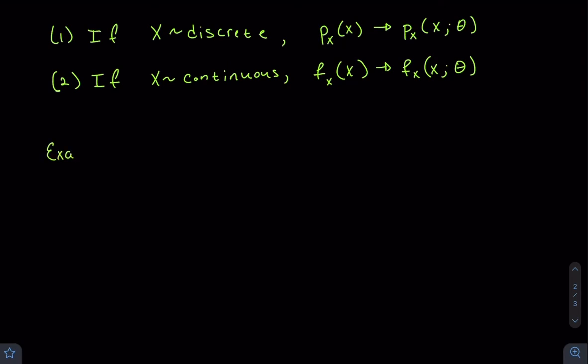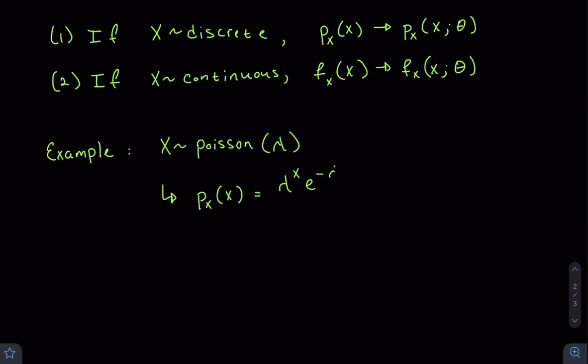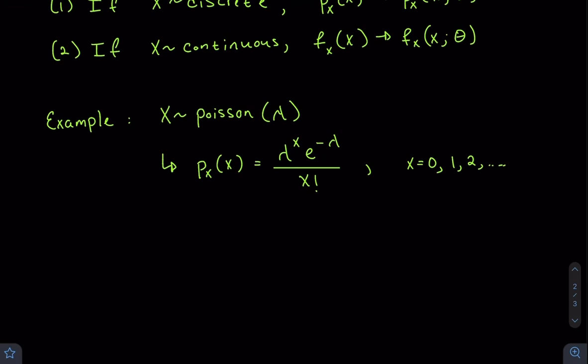As an example, if we had a random variable x that were Poisson, and let's say we knew what the mean was in advance, then the probability mass function of x would just be our mean to the power of x times the exponential to the negative mean power divided by x factorial, where x equals 0, 1, 2, etc. But if the mean was unknown, then we would replace the mean symbol with the theta symbol, and the PMF would look like this.